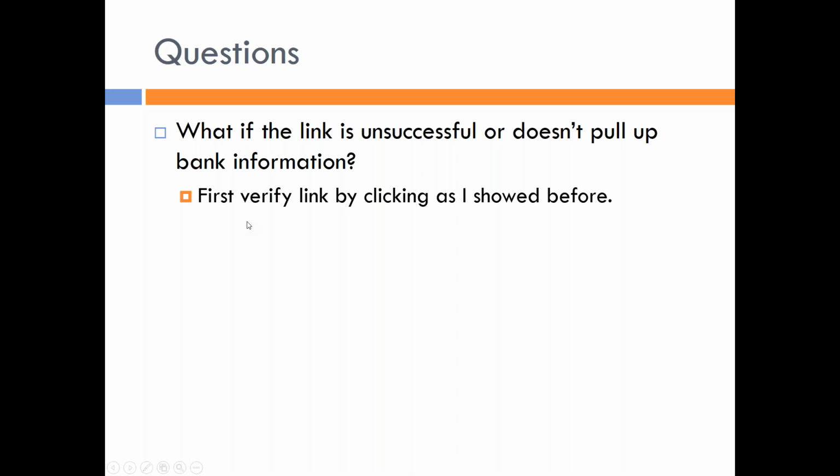First is what I showed before by clicking on that link. Many times that is the reason. Either they selected the wrong bank or they just weren't sure about the login information, because they'll get to the correct bank with the link and they'll see they can't log in. So in that case, they have to verify their login information and then do it.